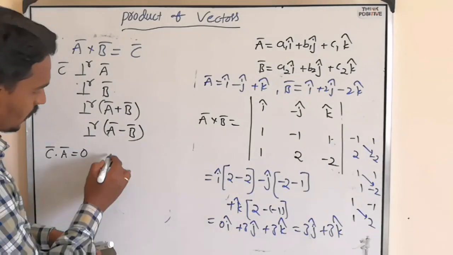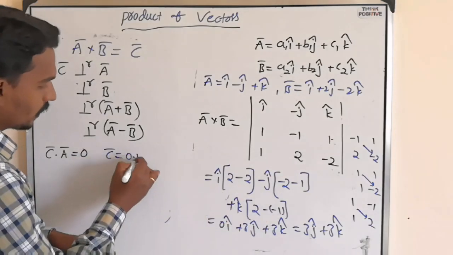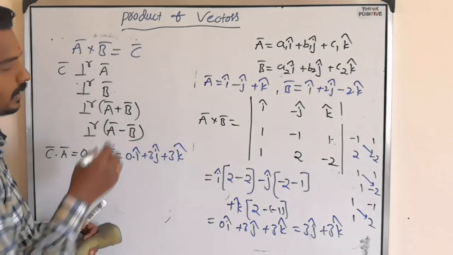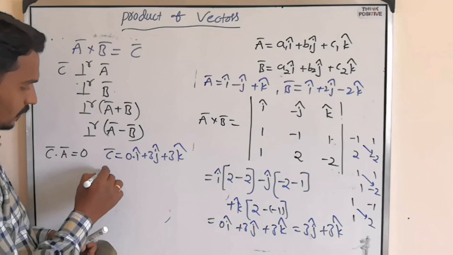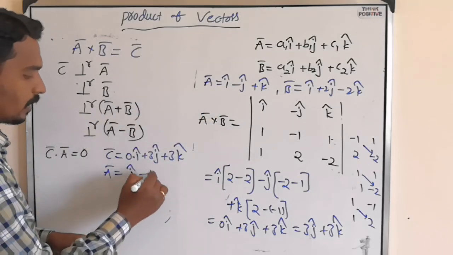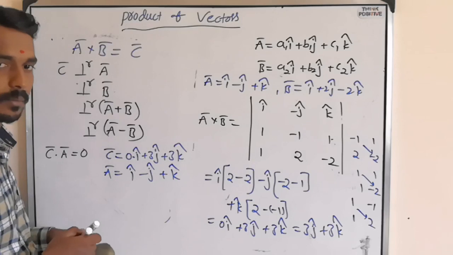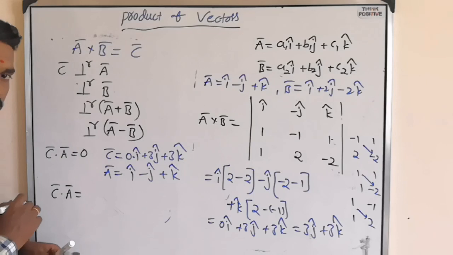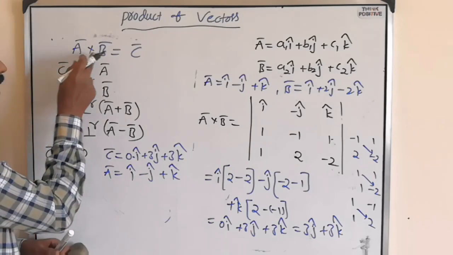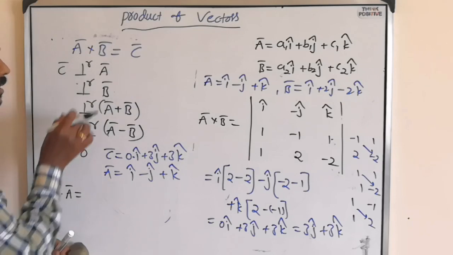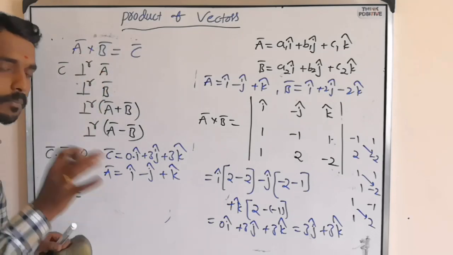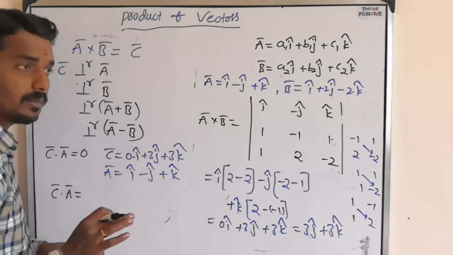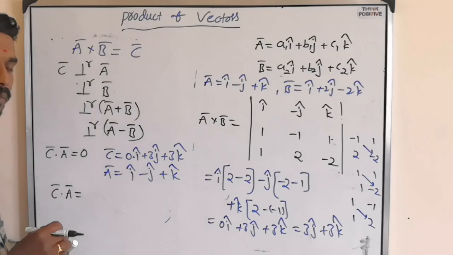Now c bar is 0 into i cap plus 3j cap plus 3k cap, and a bar is i cap minus j cap plus k cap. We have to prove c bar dot a bar equals 0, because a bar cross b bar, which I considered as c bar, is perpendicular to the plane containing a bar and b bar, nothing but perpendicular to all these four vectors.